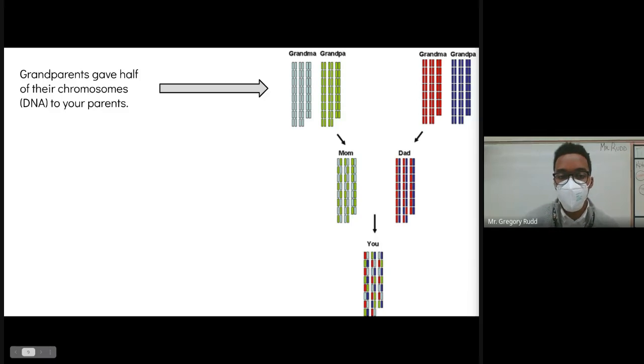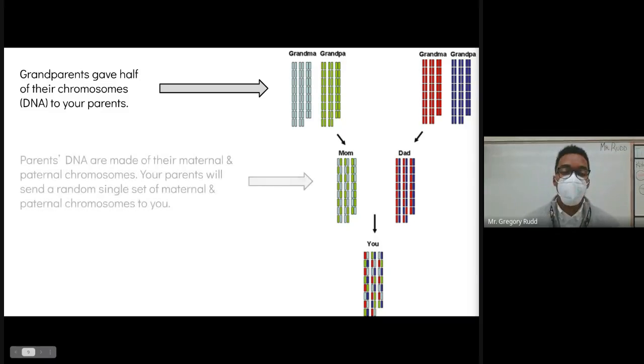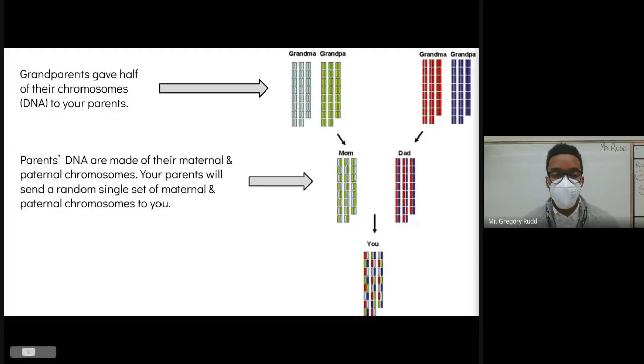Dad gets a little bit of his mother's DNA and a little bit of his father's DNA. Then, of course, when they combine and fertilize and eventually they have an offspring that becomes you, you get a little bit of their DNA.